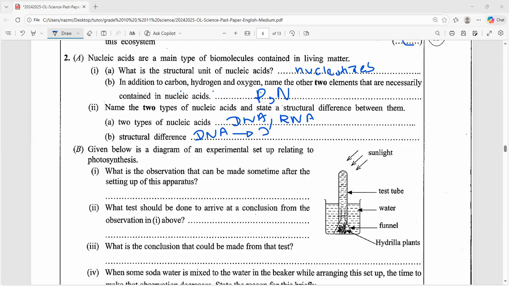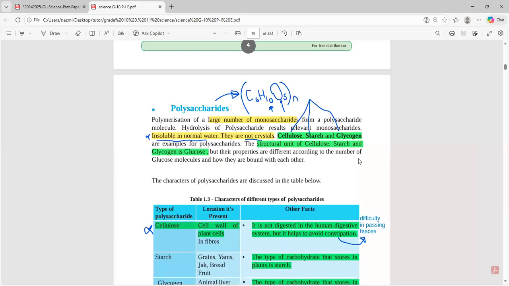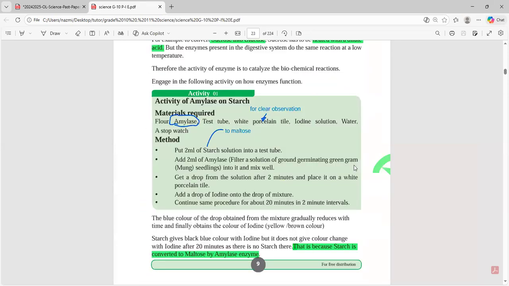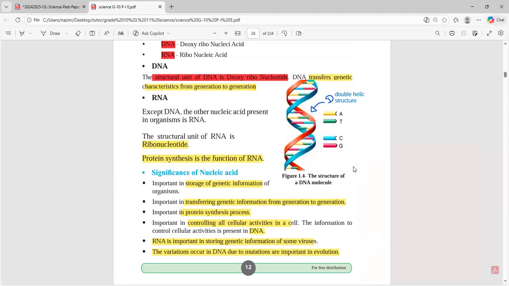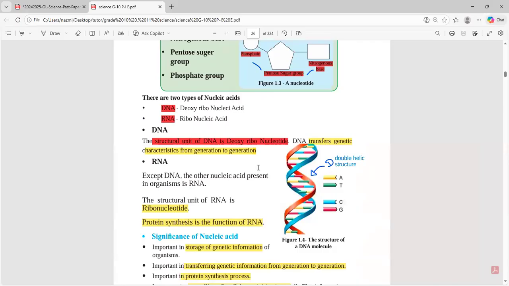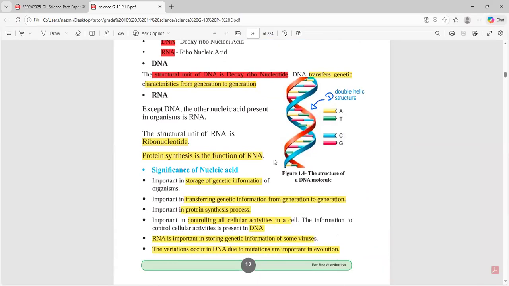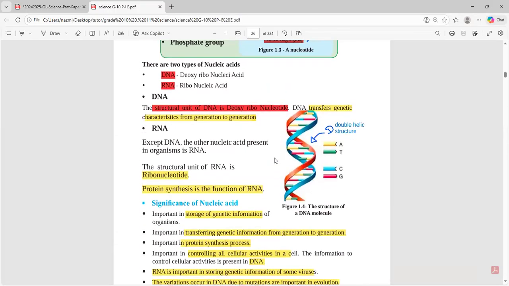They would have mentioned at least one thing. Okay, let's see. No, they have only told DNA and RNA.